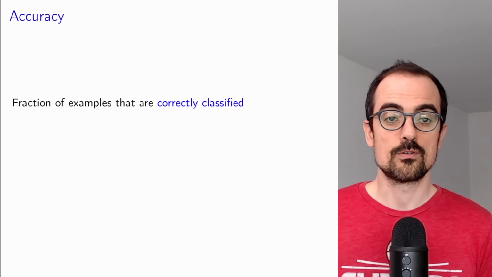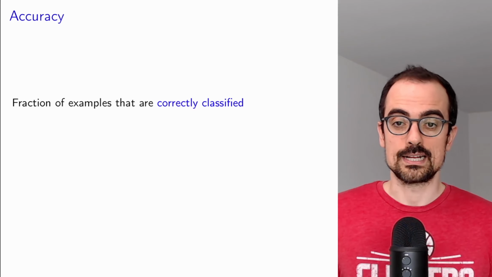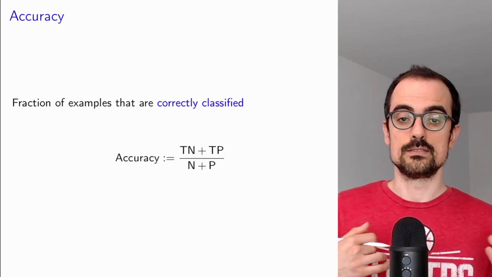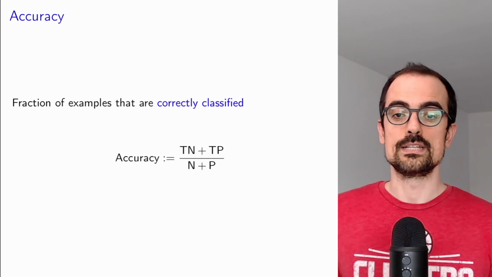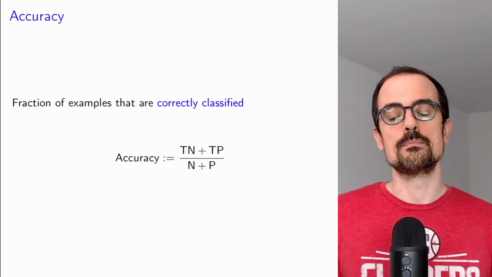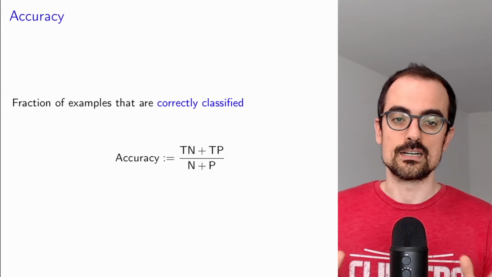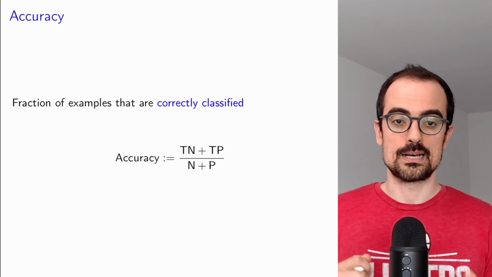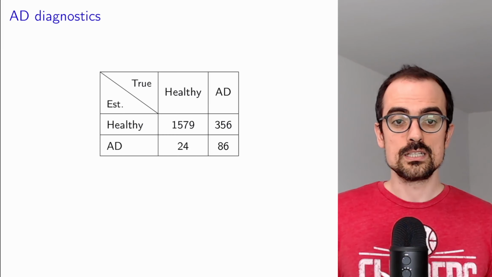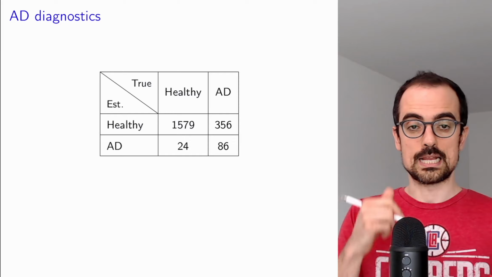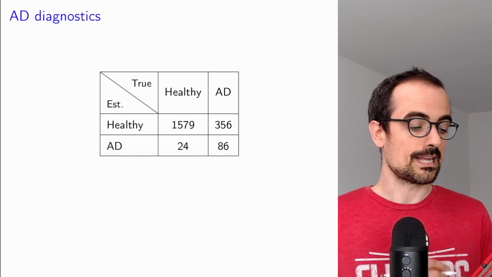Accuracy, as I said before, is just the fraction of examples that are correctly classified. So we take the true negatives and the true positives, which are the two ways of being correct, and we divide by the total number of data points in our data set, which are the negatives plus the positives.